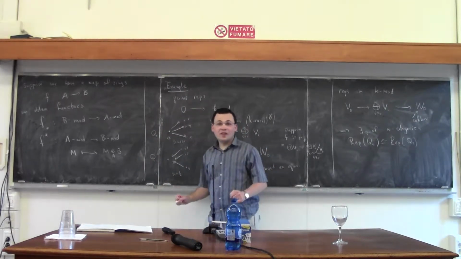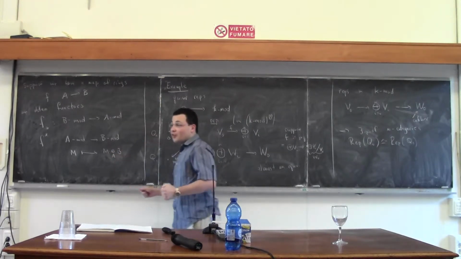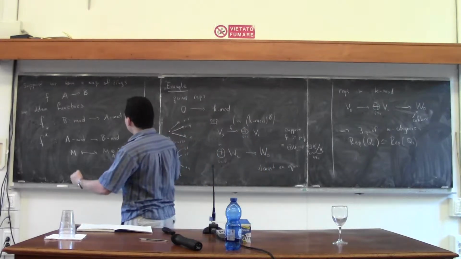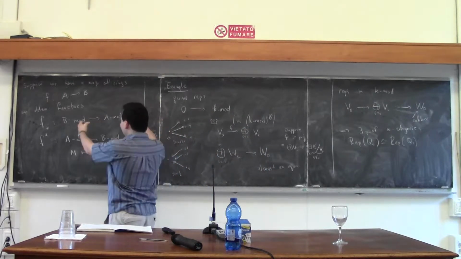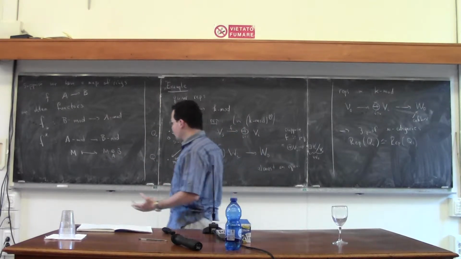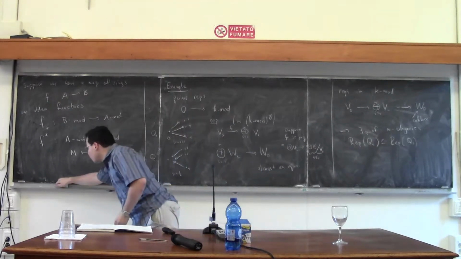But I will verbally point out that this is the derived tensor product. The reason that I'm not decorating this with a symbol L, as people often do, is because in this context, no other thing makes sense. If you accept these as infinity categories, this notation is not completely unambiguous.